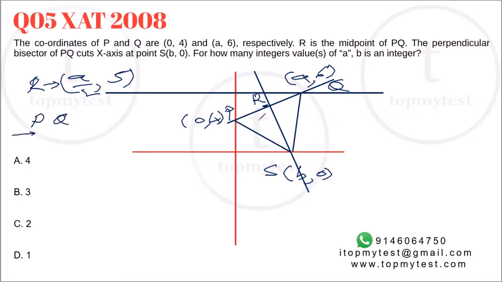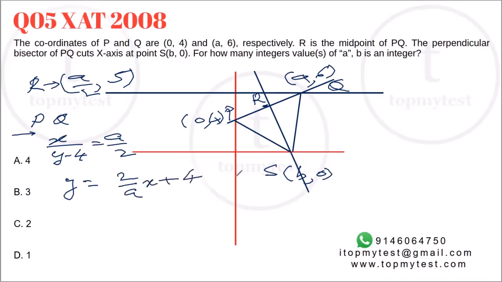That will be using the two-point form. You'll have x divided by (y minus 4) should be equal to a divided by 2. So if I rewrite this, you will get y equals (2/a)x plus 4. That will be the equation of PQ.